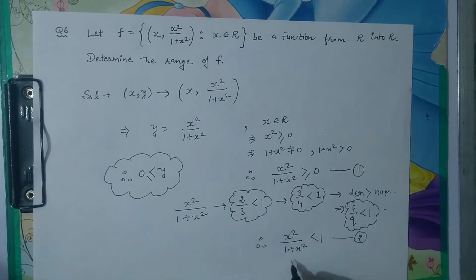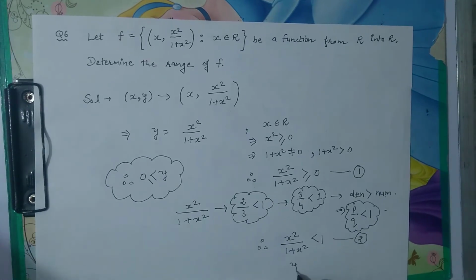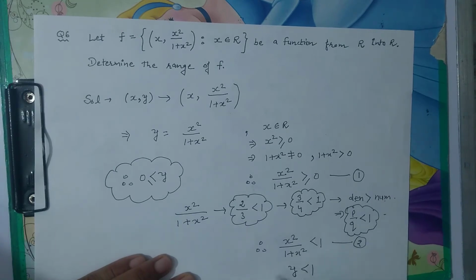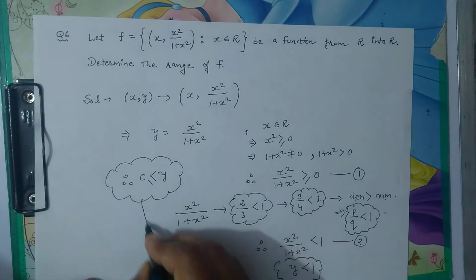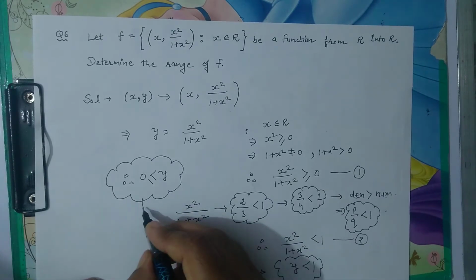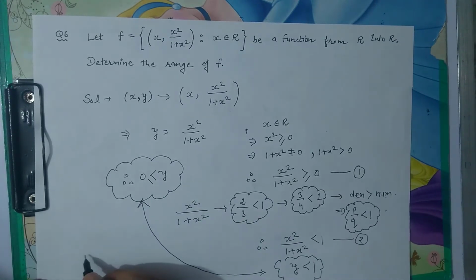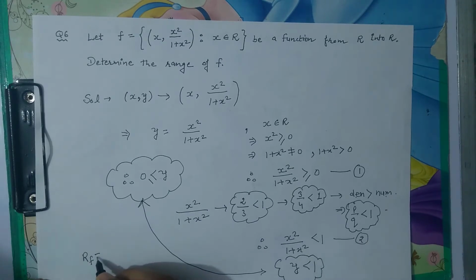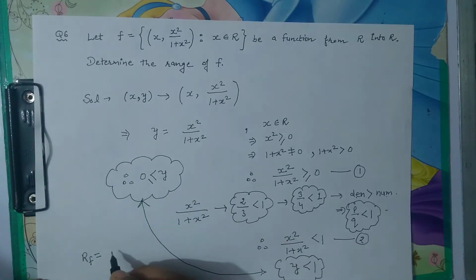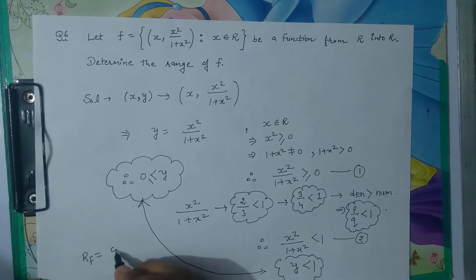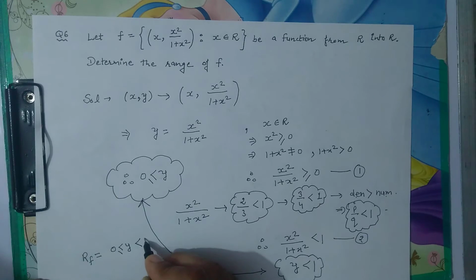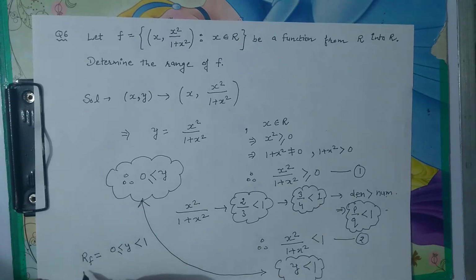So what we can say here, y is less than 1. So combining these two results, what we can say, range of the function is y greater than or equal to 0 and less than 1. So this is the range of the function.